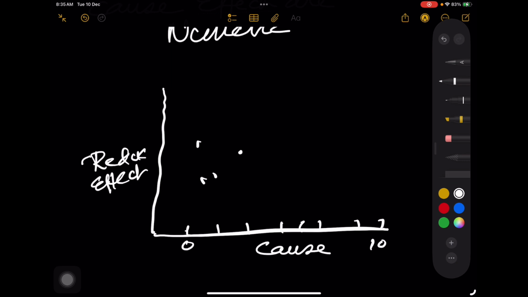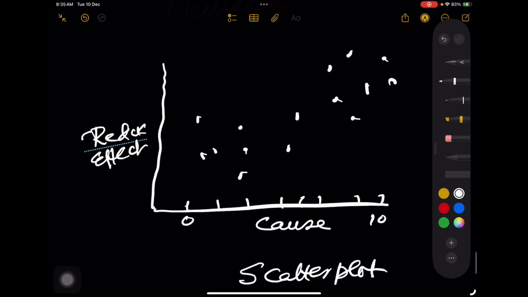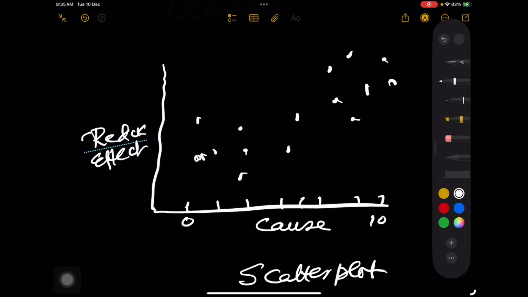Then you will have a scatter trend. This is called a scatter plot. And you will find that this dot means that when this was the drug, this was the level of effect.